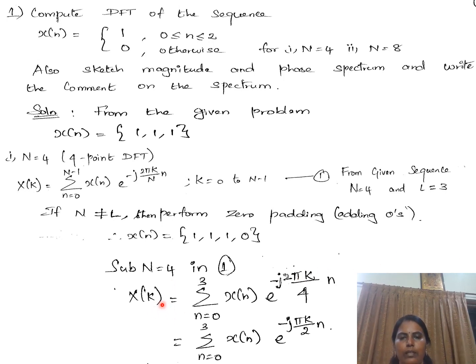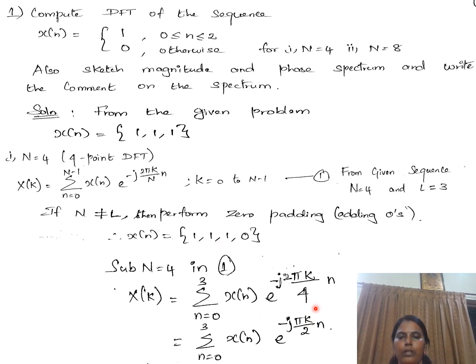So first we have to calculate the k values. k varies from 0 to 3. So when k equal to 0, that is X of 0, we will get... here n varies from 0 to 3, 4-point DFT. We have only 3 values given in the problem, so the fourth value is considered as 0.